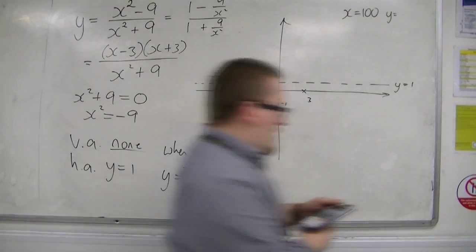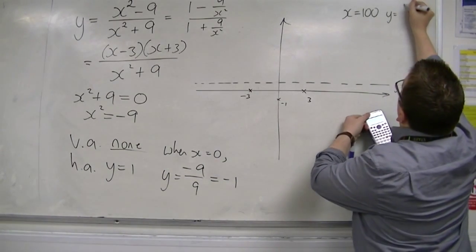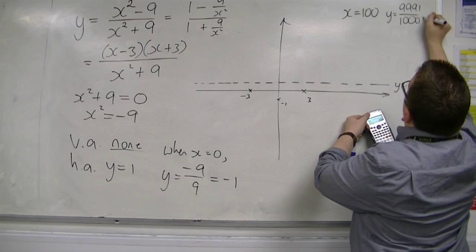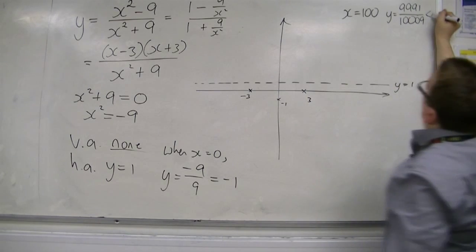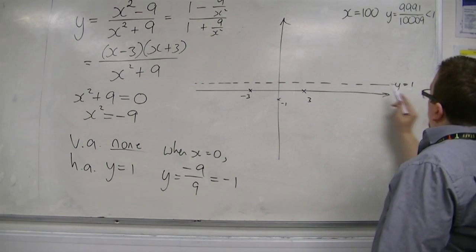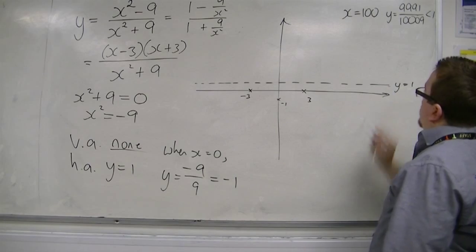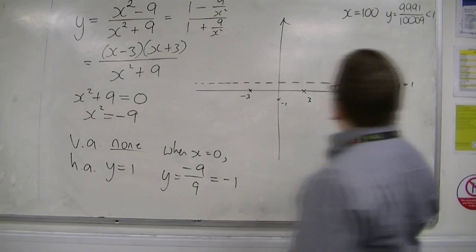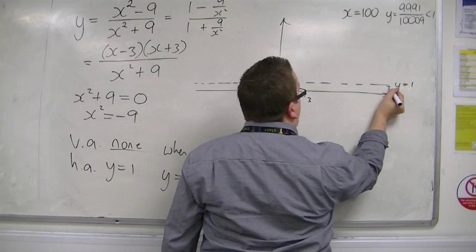And I get 9991 over 10,009. Now that's less than 1, so I can say that the curve tends towards y is equal to 1 and stays below that asymptote. So it must be coming in from this direction.